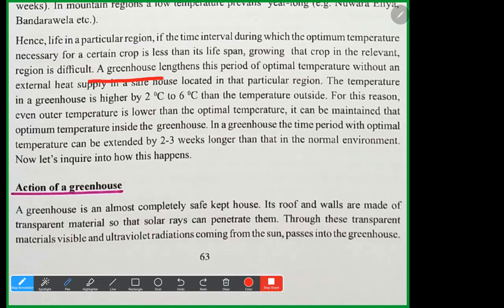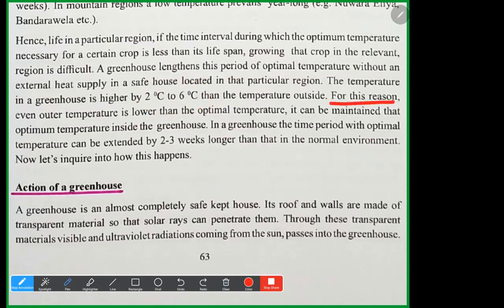A greenhouse lengthens this period of optimal temperature without an external heat supply, in a safe house located in that particular region. The temperature in a greenhouse is 2 to 6 degrees Celsius higher than the temperature outside. So the temperature increase is usually between 2 and 6, but the effect is huge.